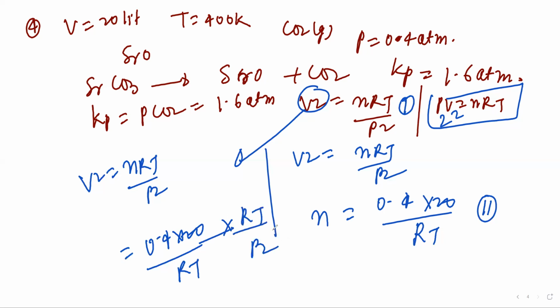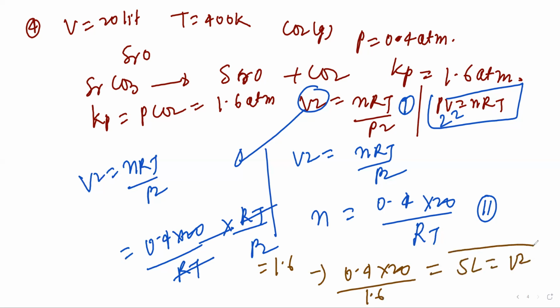Now cancel the parts which get cancelled. P2 value we know is 1.6, so it will be 0.4 into 20 upon 1.6, which is 5 liter. So for volume 2 we are getting 5 liter. Please write this one.